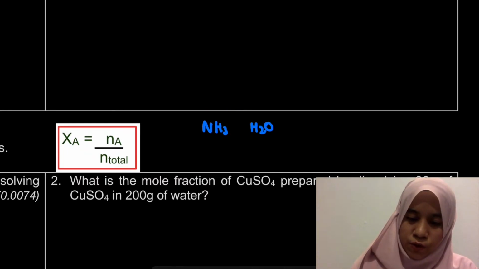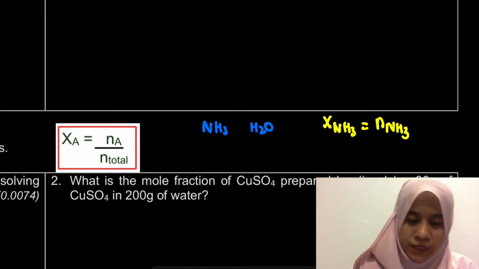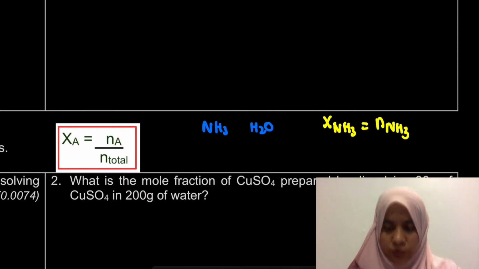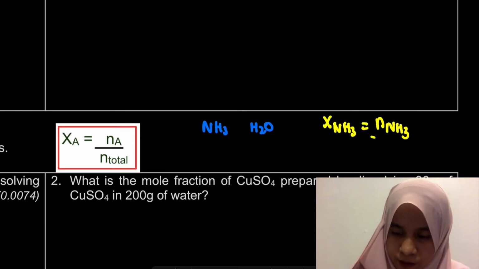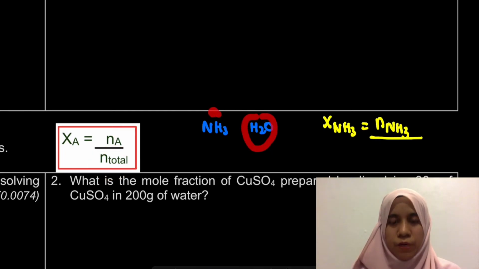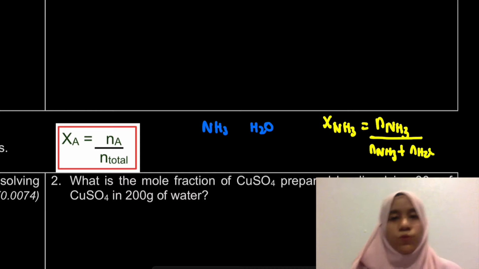How are we going to find the mole fraction? X of NH3 is equal to the number of mole of NH3 itself, where A is that specific species, divided by the total number of mole. We know in that solution we have water and ammonia, so in this case it is number of mole of NH3 plus number of mole of H2O.